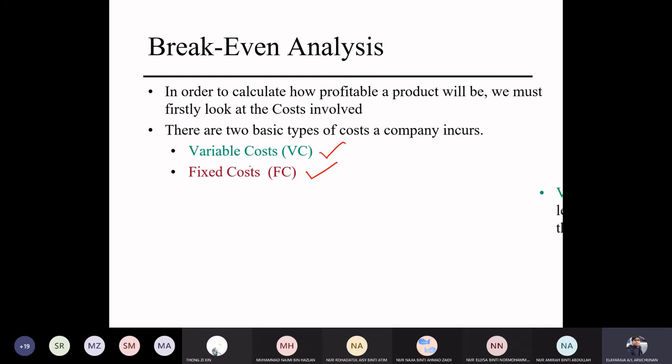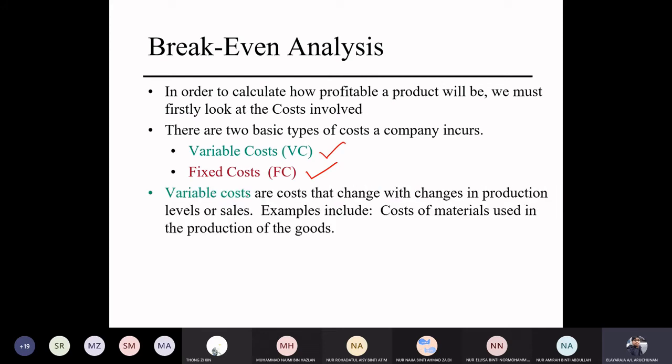What about the variable cost? Variable cost is the cost that changes with the production level or sales. Every time you sell a product, the cost will change according to the quantity or number of products being sold.